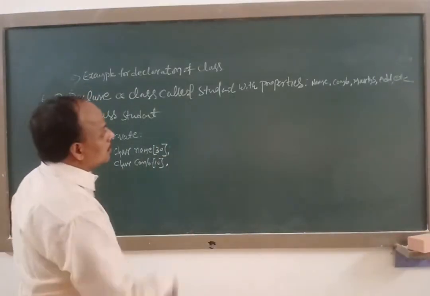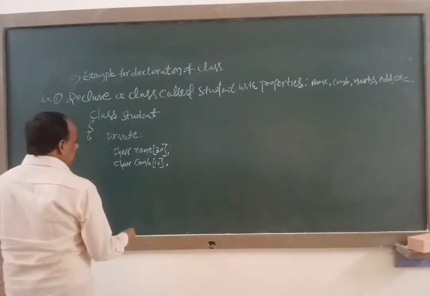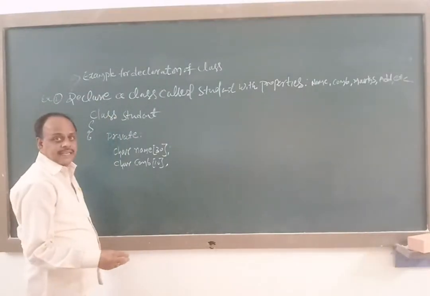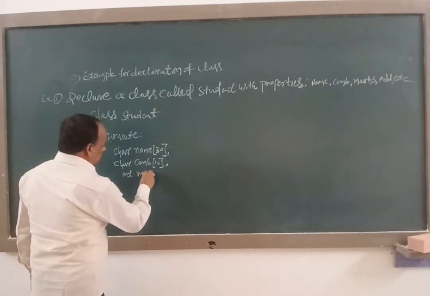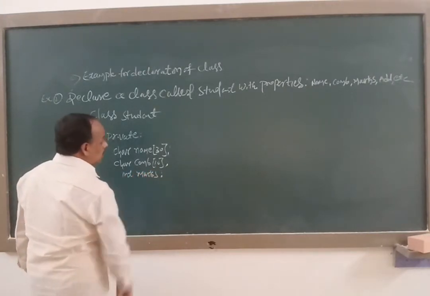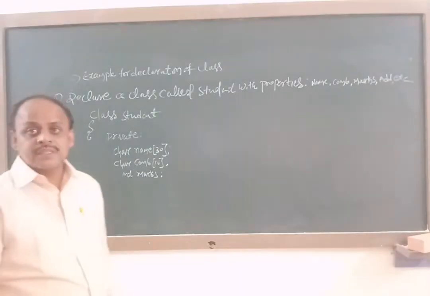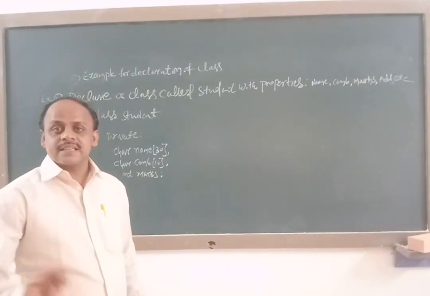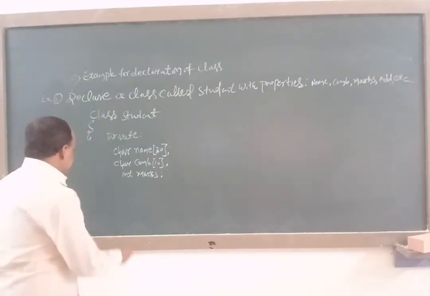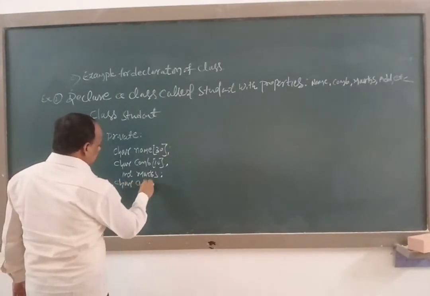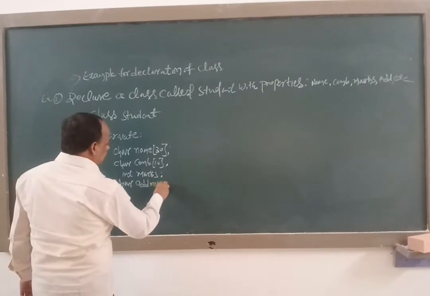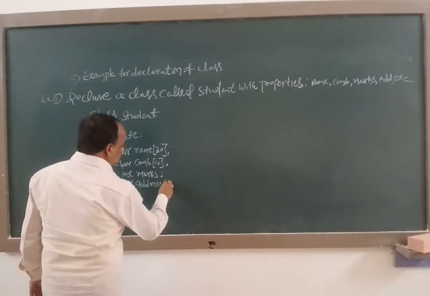And next marks is there. What is the data type for marks? Int, right? Int marks. Last one address. What is the data type for address? Collection of characters, right? Take char address, size 50.